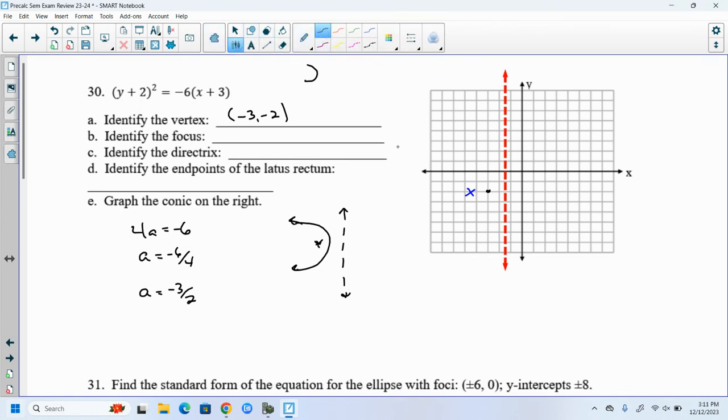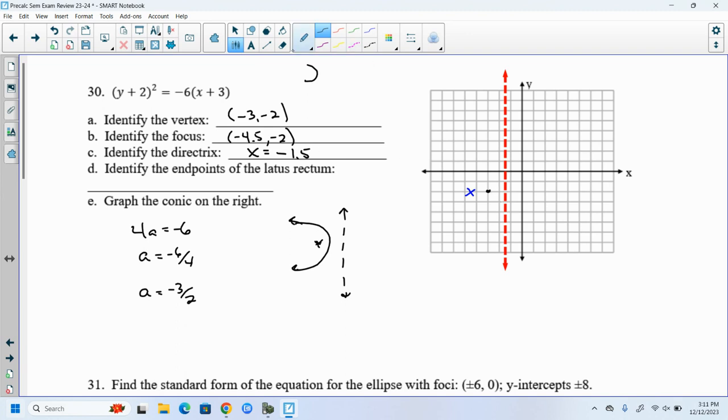So the focus, the coordinates of that point, we started out at negative 3, negative 2. We moved 1.5, so that's negative 4.5, negative 2. The directrix is a vertical line. We started at negative 3. We moved 1.5 to the right, so it's going to be x equals negative 1.5.